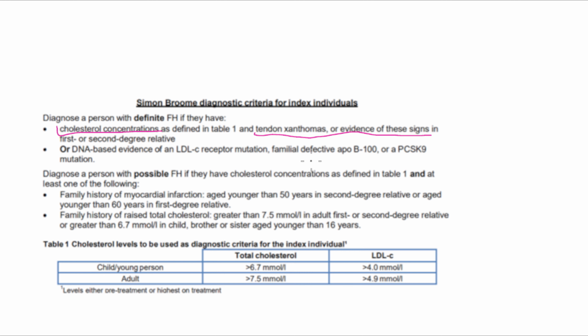So, if a patient is certain that someone in his family, like mother, father, or siblings, has been diagnosed with familial hypercholesterolemia, they are at risk that they also can have this condition, and they can have this genetic test, and when it's positive, it means that they also have definite familial hypercholesterolemia.